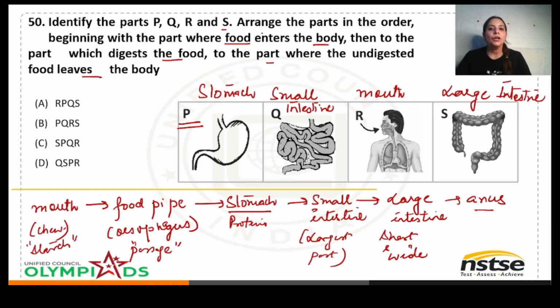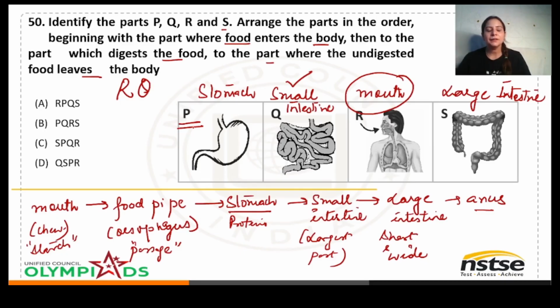Now, we have to answer in the order beginning from where the food enters the body. Obviously, out of these four, the food enters through mouth. So, first comes R. Then the part which digests the food, where food is completely digested, that is small intestine. So comes Q. Digestion starts in stomach also.